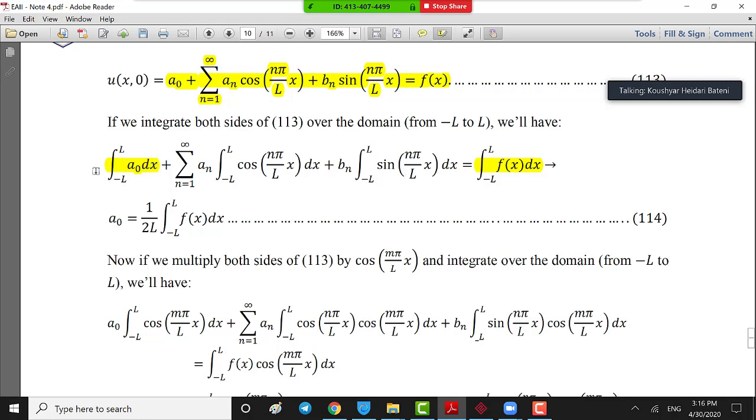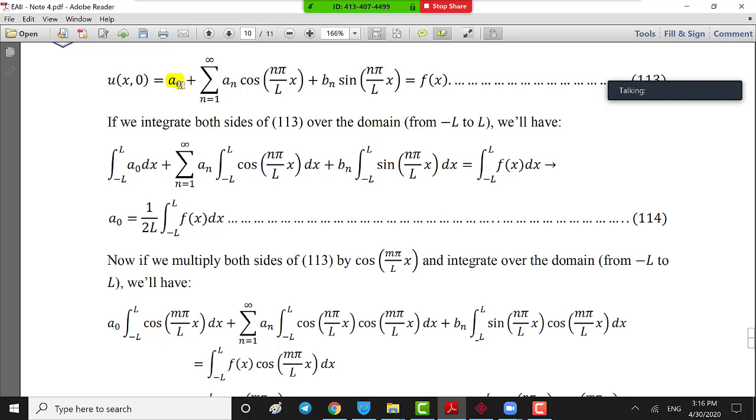The first integration is a0 times 2L, and the second one depends on the specific f of x function that we are given. So a0 is going to become equal to 1 over 2L times the integration from minus L to L of f of x dx, right? So a0 is determined.